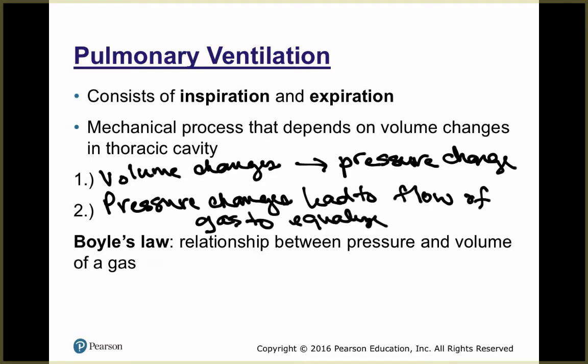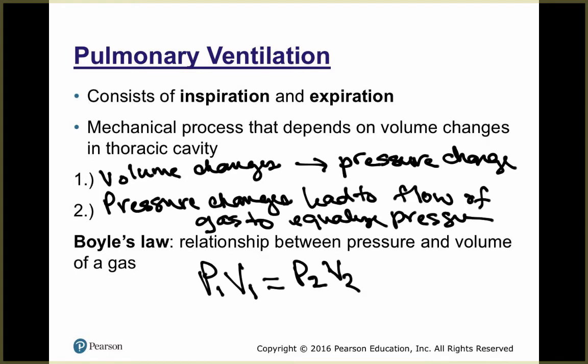Equalize pressure. So Boyle's law is this relationship between pressure and volume of gas. Mathematically, this is P1 V1 equals P2 V2. And so pressure varies inversely with volume here, right?